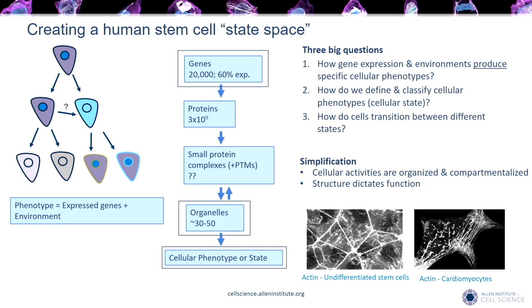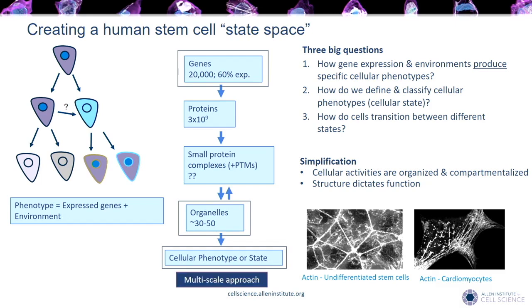Here is actin filament shown in an undifferentiated stem cell, so you can see its organization in an undifferentiated stem cell. And just next to it, you're seeing the same actin filament, but now its organization is completely different because it is in a differentiated cardiomyocyte beating, having a different function.